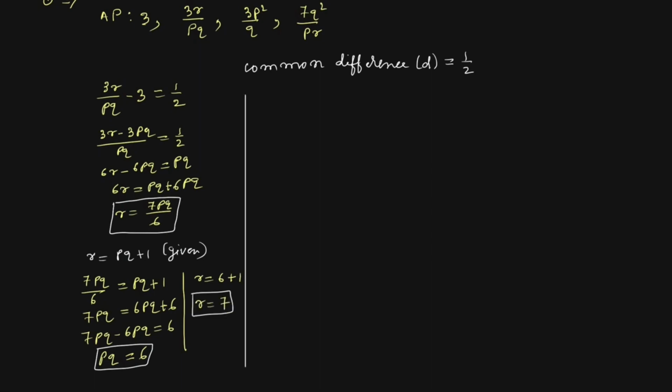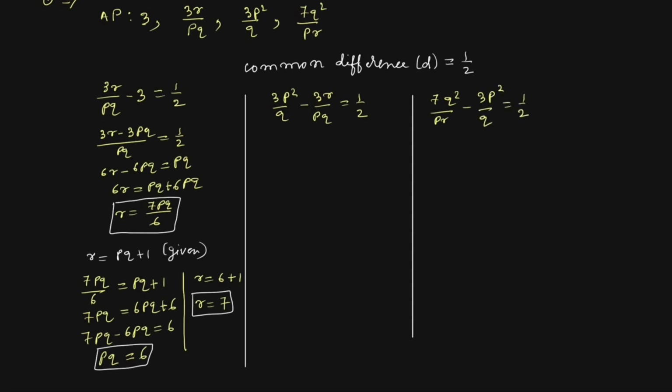Now we are also able to write this minus this term equal to 1 by 2, and similarly this minus this term which is also equal to 1 by 2, that is 3p square by q minus 3r by pq, which is equal to 1 by 2, and 7q square divided by pr minus 3p square by q, which is also equal to 1 by 2.